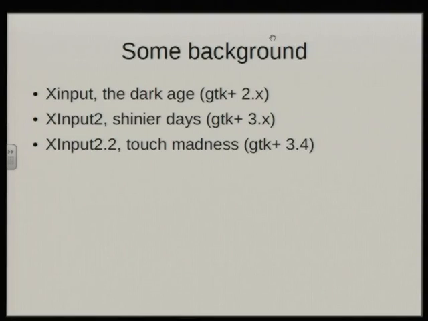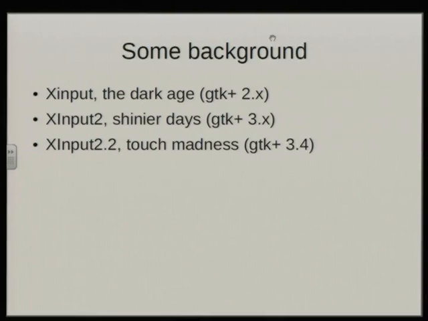But then Xinput 2 arrived, and it was quite a revolution. It's a properly designed API, or it was at the time. It really helped GTK evolve a lot in how it handled input devices, and it was adopted in GTK 3.0.